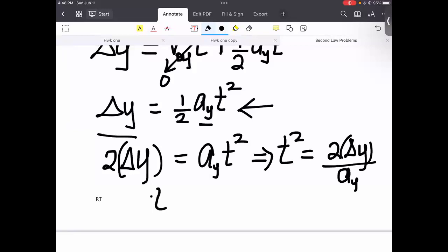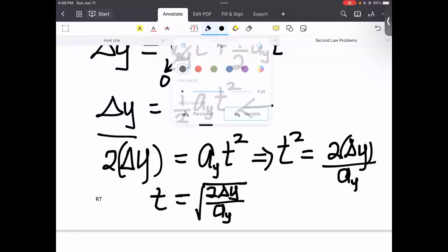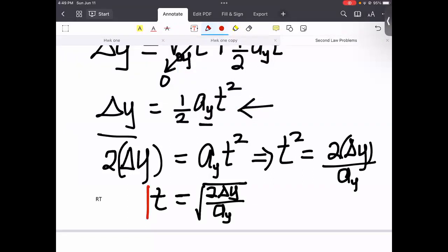Finally, time can be found by taking the square root of twice change in y over acceleration in the y direction. It's just rearranging the equation, and we get this result.